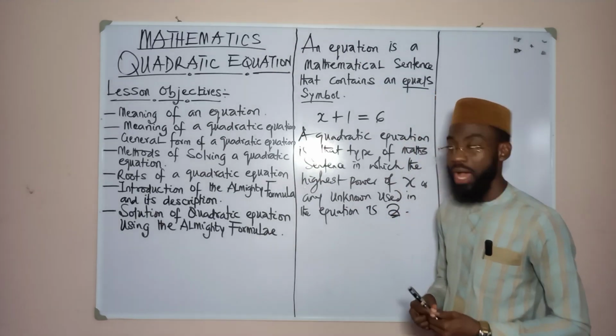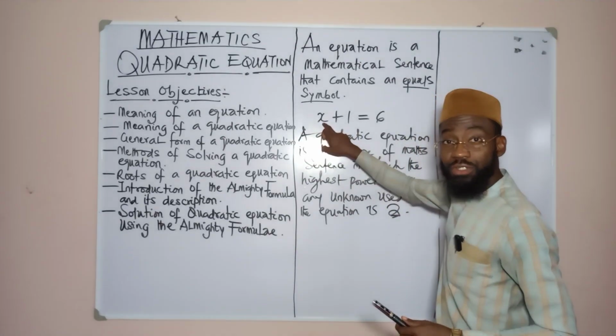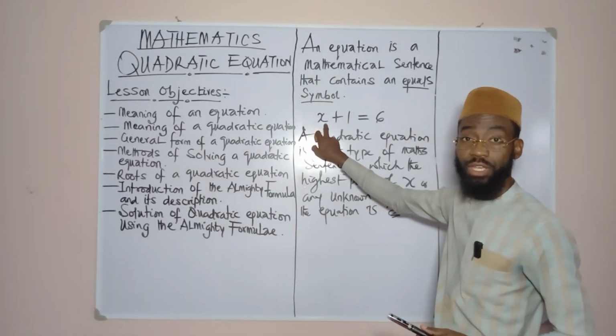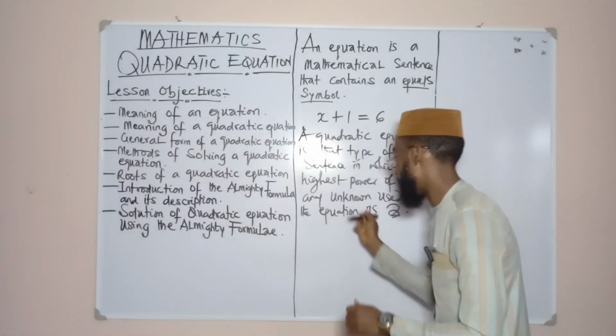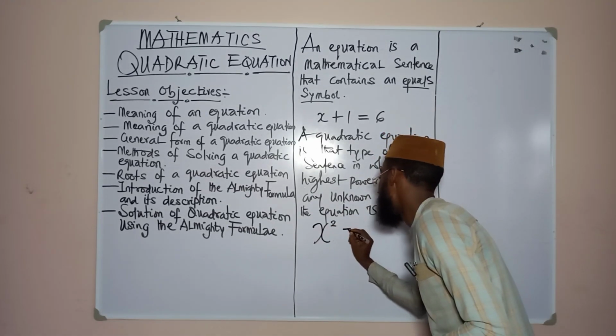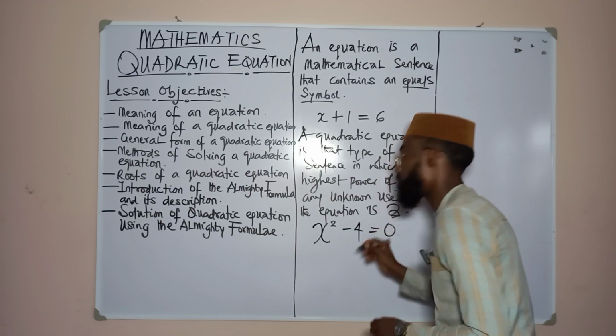The highest power of the variable there. Remember, if we don't call this a variable, we can also refer to it as being an unknown. An example of a quadratic equation is x squared minus 4 is equal to 0.